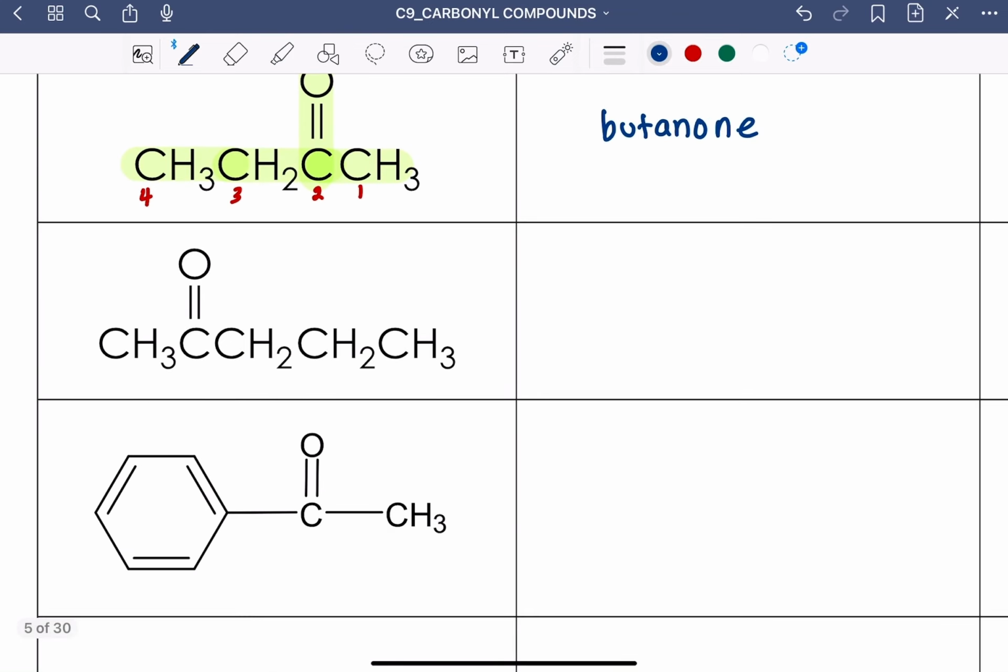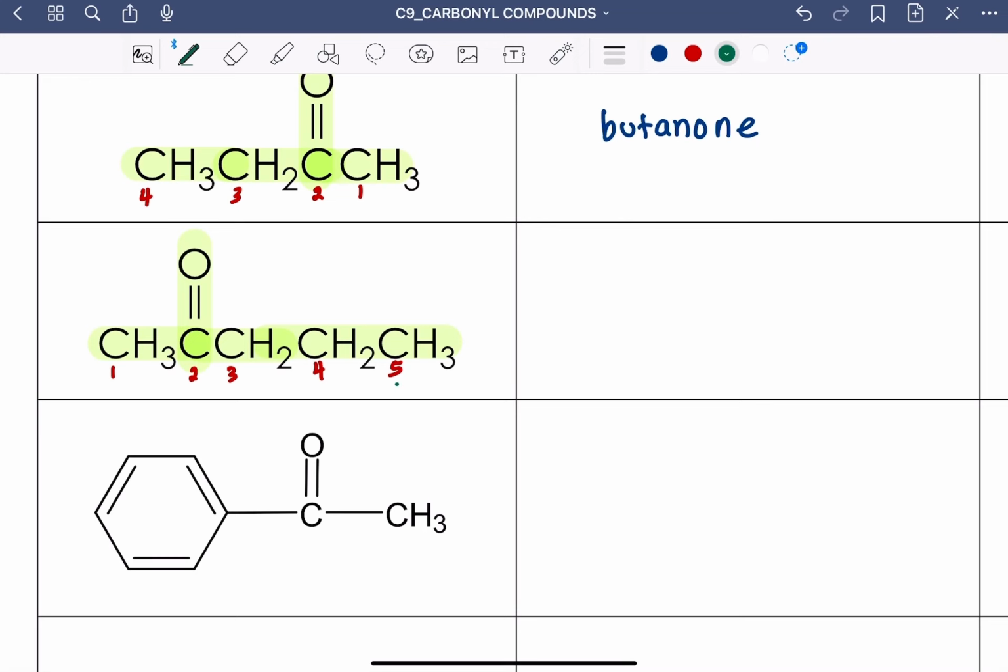Next one. Where is the carbonyl group? 1, 2, 3. So we know this is ketone because it is in the middle of 2 carbons. But continue, if it's a long chain, 4 and 5. So how do we number this? We can number this from here, 1, 2, 3, 4, 5.